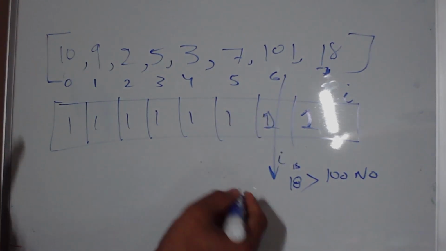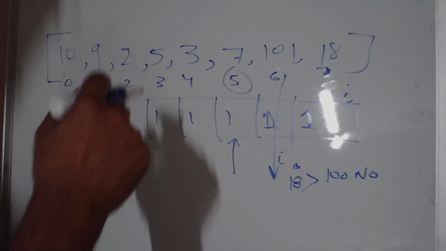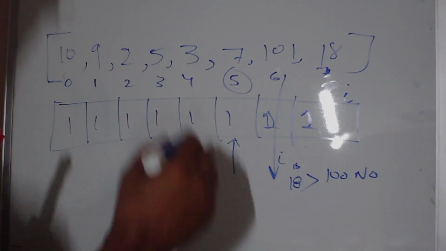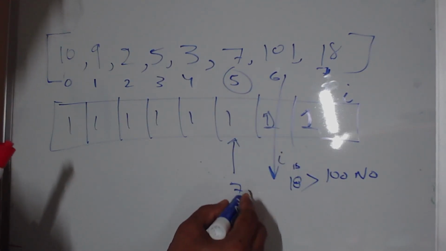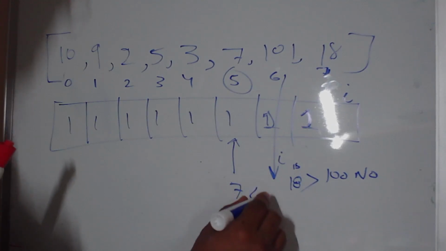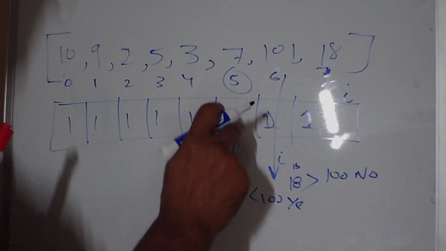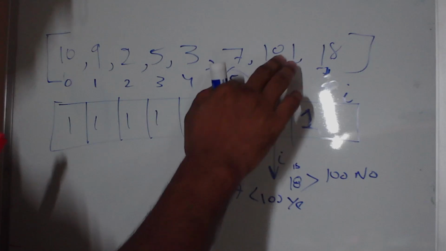Now we move our pointer to the 5th index, whose value is 7. We compare again: is 7 less than 101? Yes, right? So what will be the length of the subsequence if we consider 101?